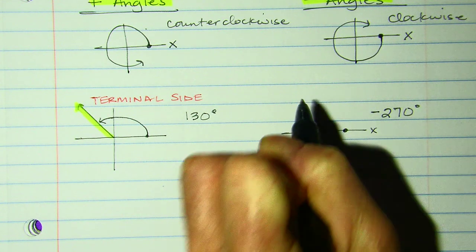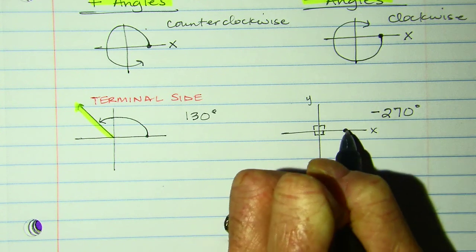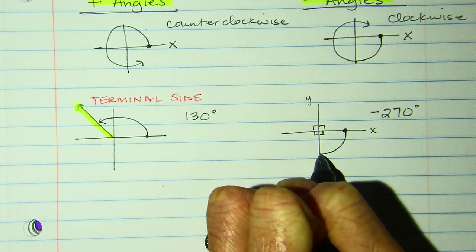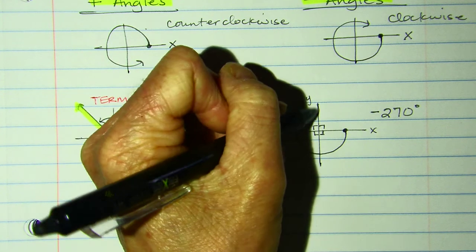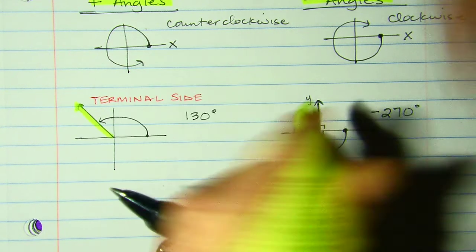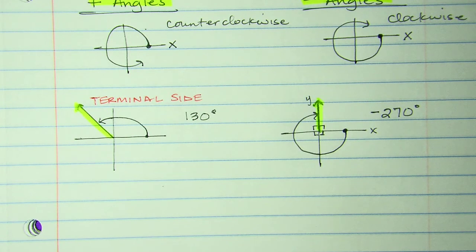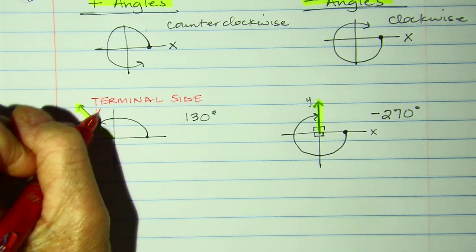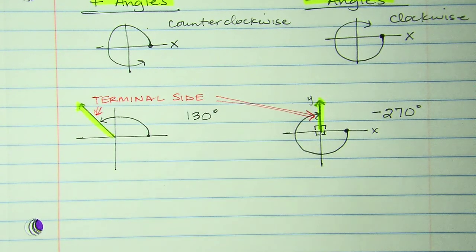This is my x-axis, here's y. Because it's negative, I would draw it moving clockwise. So here's 90, 180, 270. And 270 is kind of crazy because the terminal side happens to be our x-axis. So I should label, this is our terminal side, and over here that would be terminal side.